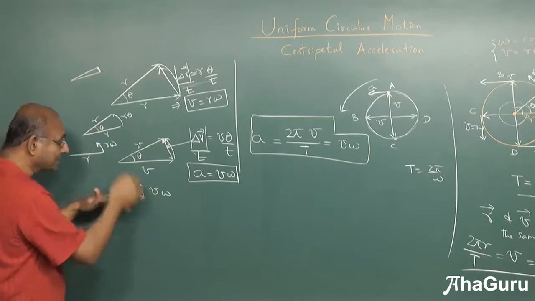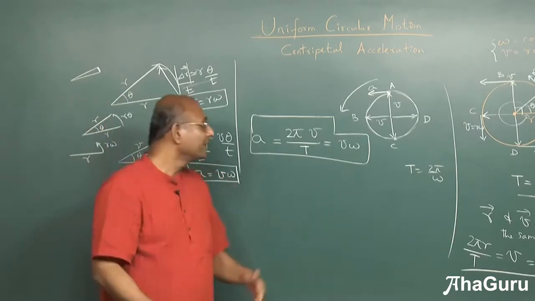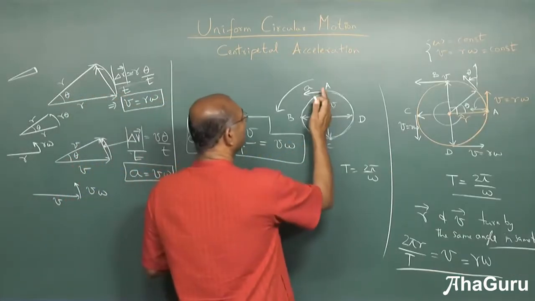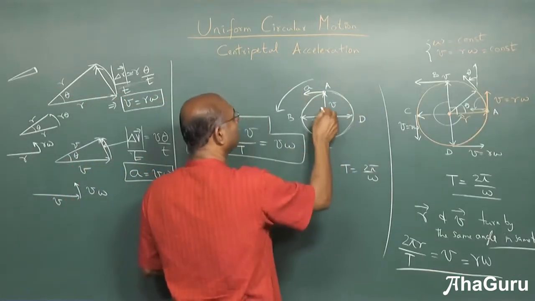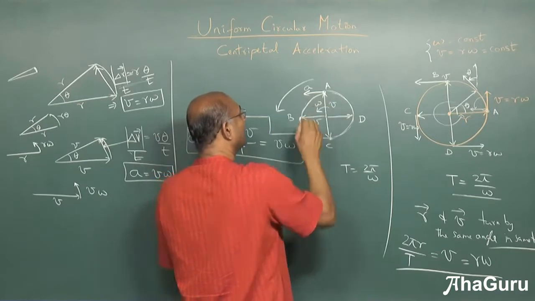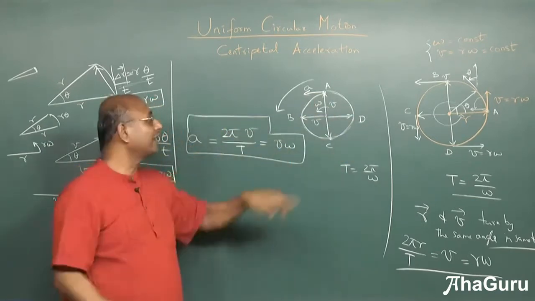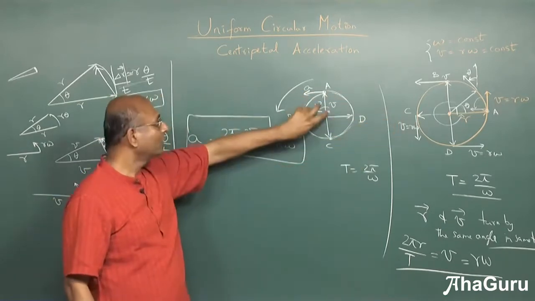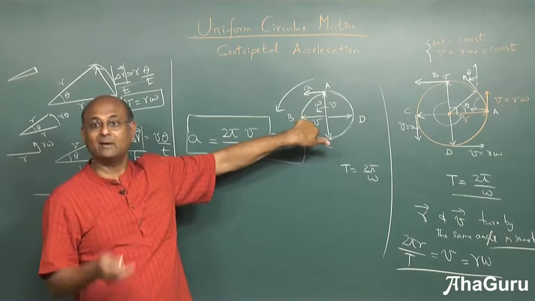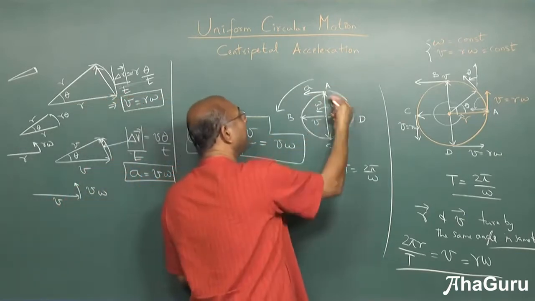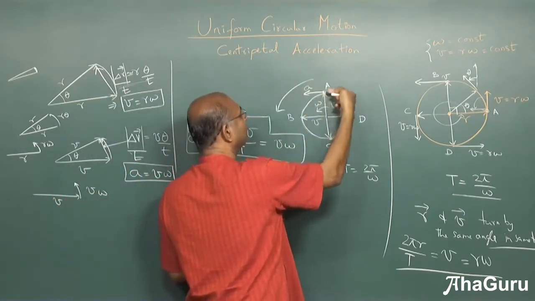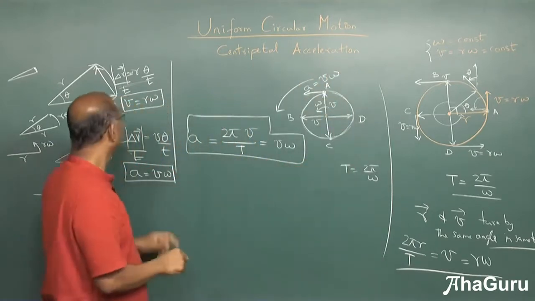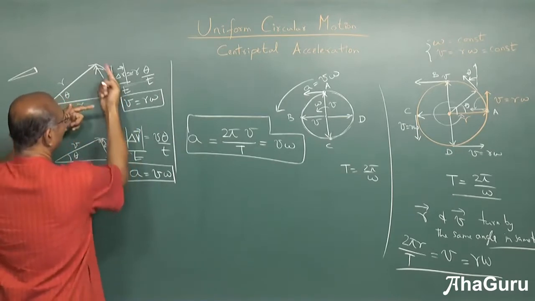But what is the rate of velocity vector's movement? Acceleration. So therefore acceleration is v omega. So let us be very clear. This velocity vector is turning around. The rate at which the velocity vector is turning is omega. It is turning by the same angle as r. So when it turns, what is the speed at which it is turning? Omega. What is making this change happen? A. So how much is A? V omega.